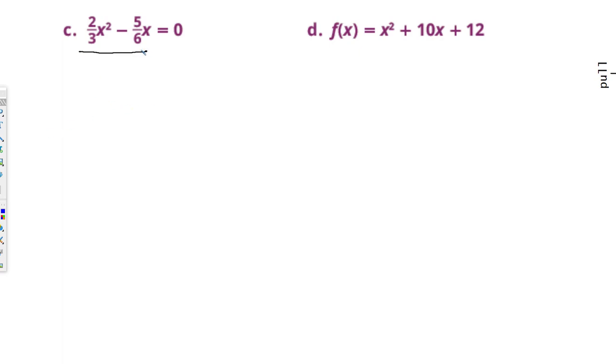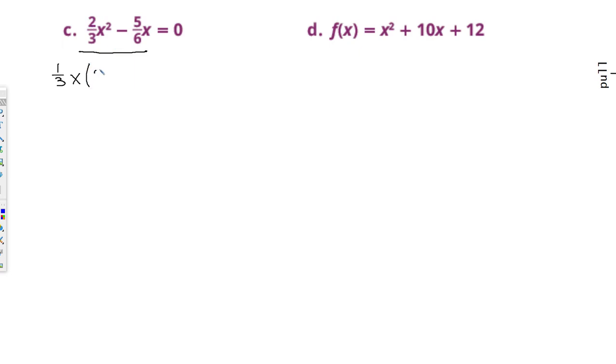So what is shared between these two? Is there any part of this 2/3 that I can pull out of here? X. Can I pull out a 1/3? Yeah.